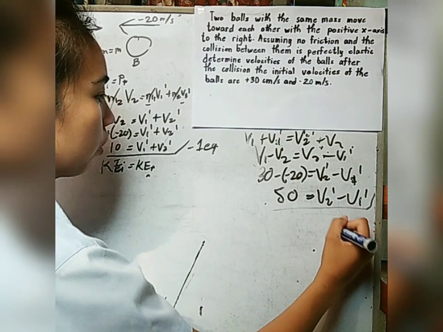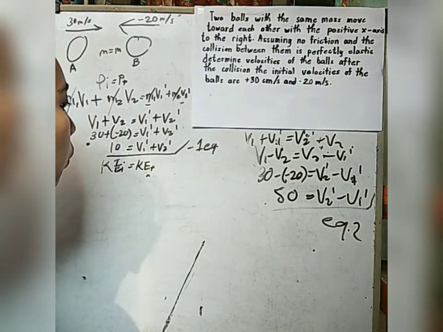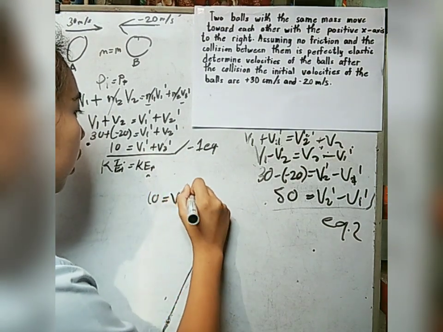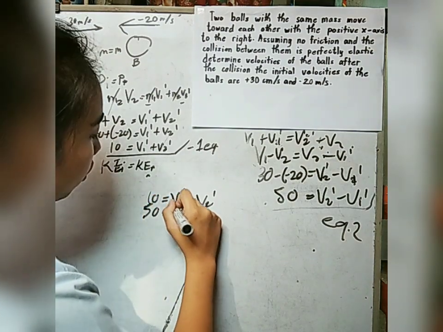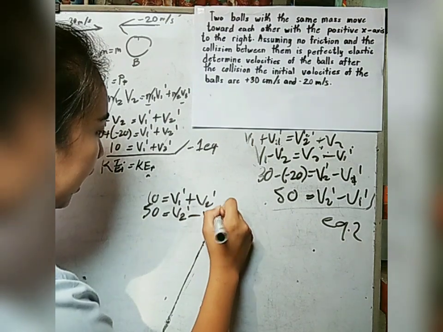So, this is equation 2. Now, with cancellation: 10 is equal to V1 final plus V2 final, and 50 is equal to V2 final minus V1 final.